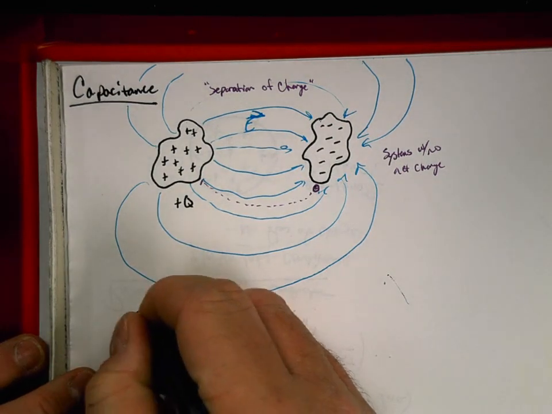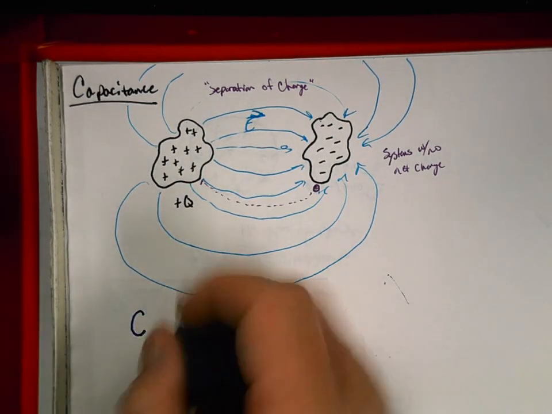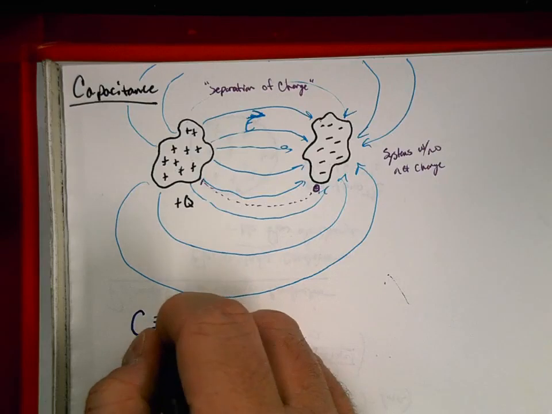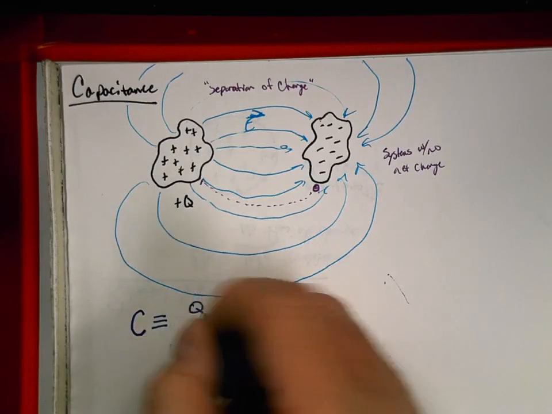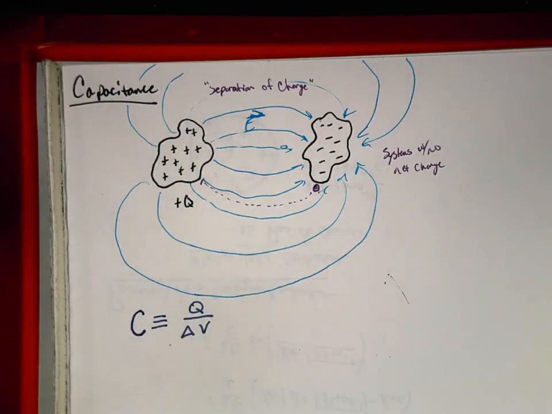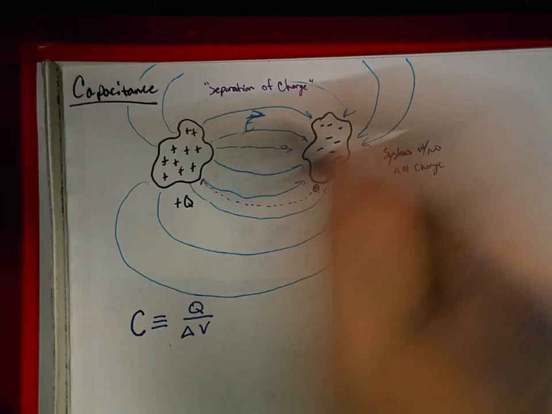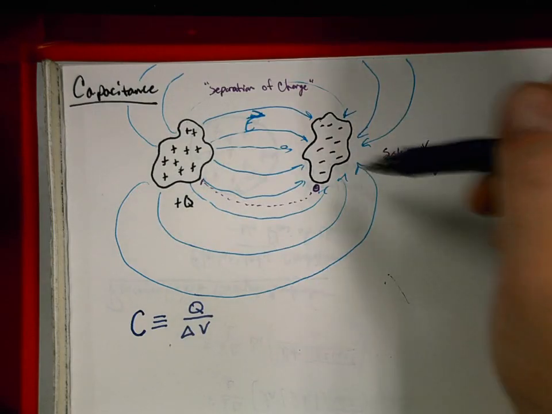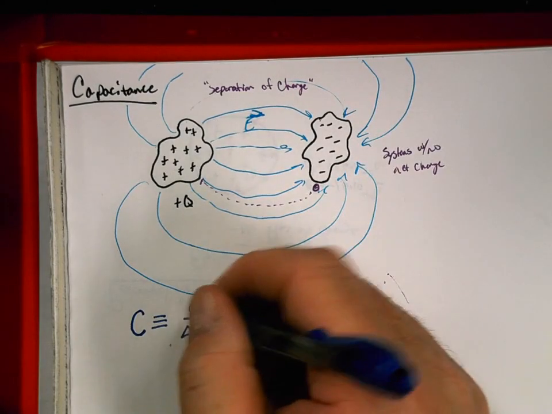Okay, it is given by the variable C, and it is defined as the amount of charge divided by the potential difference between your charges. Okay, so it's Q over V, and it's always positive.